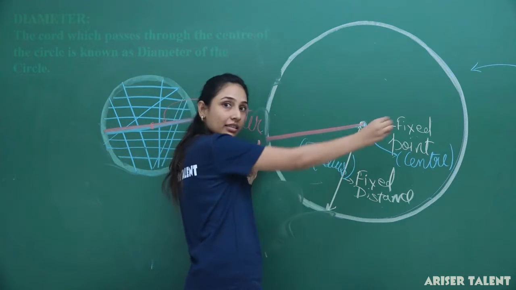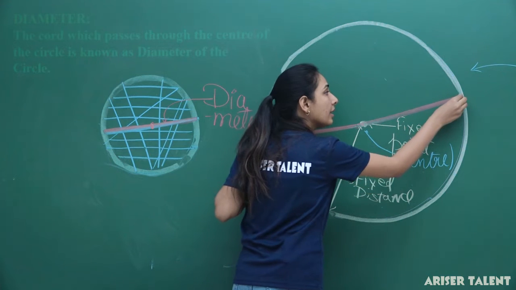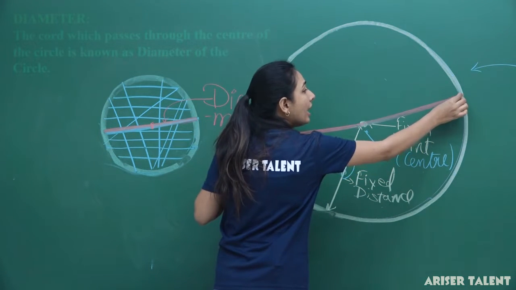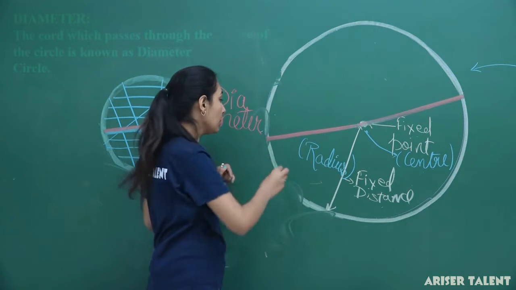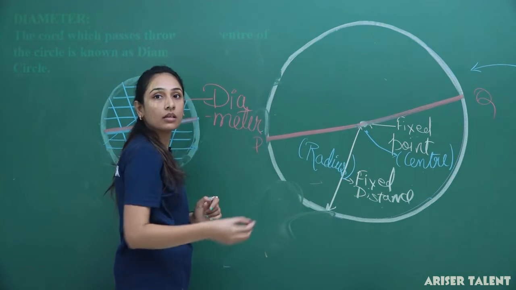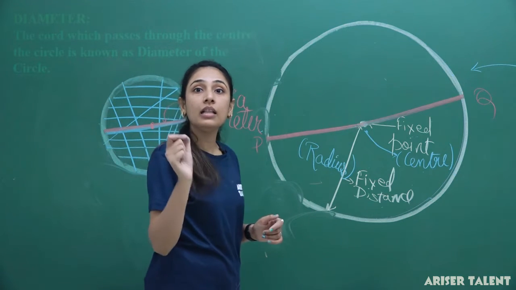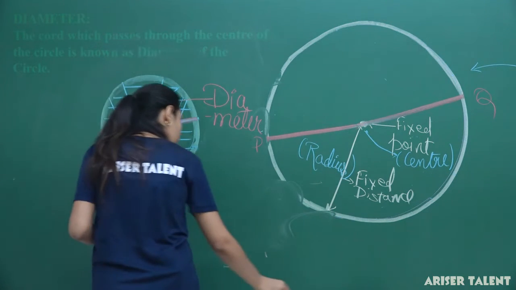So we extend this line and make it meet the circumference again. So I have this point P and point Q. Now this is the diameter. Diameter is the largest chord. Mark it. You can write it as a note.